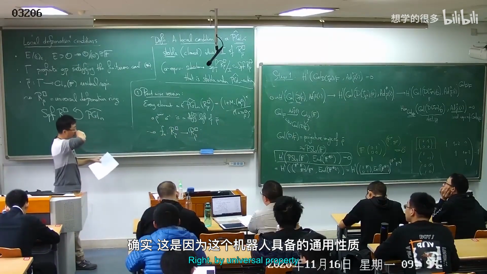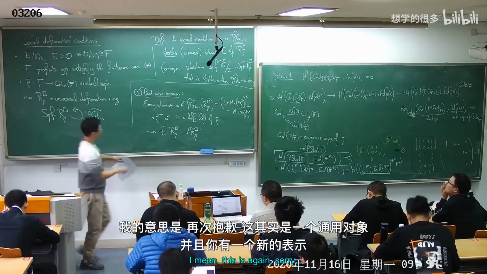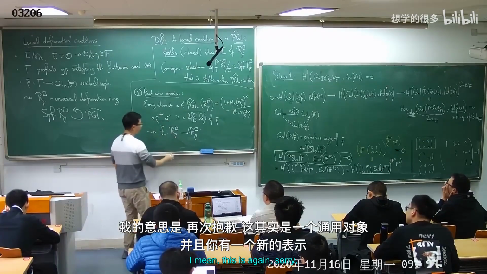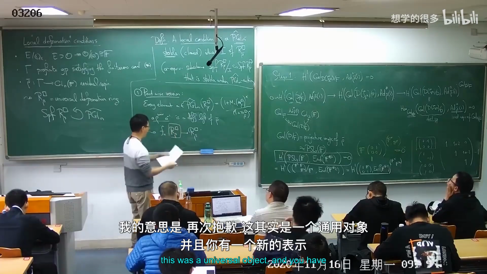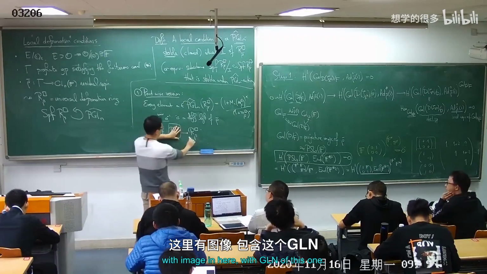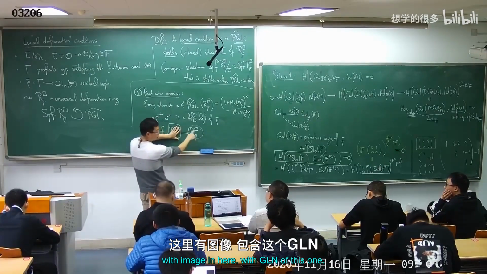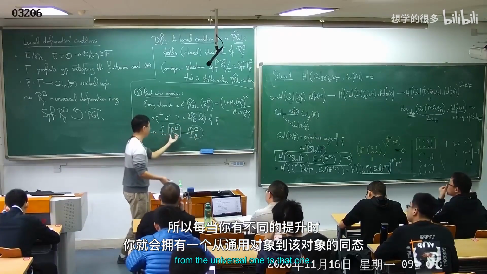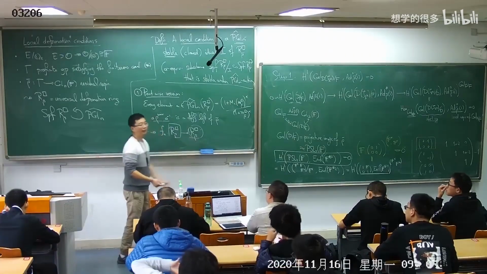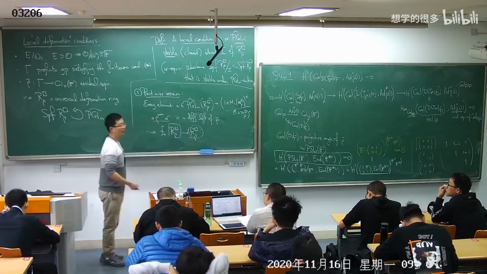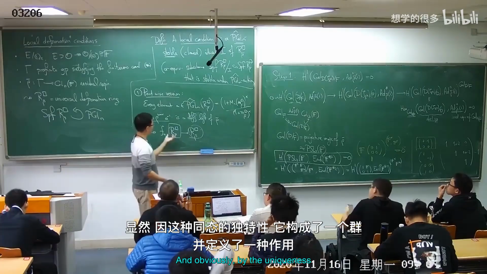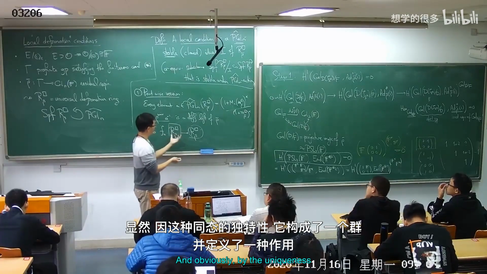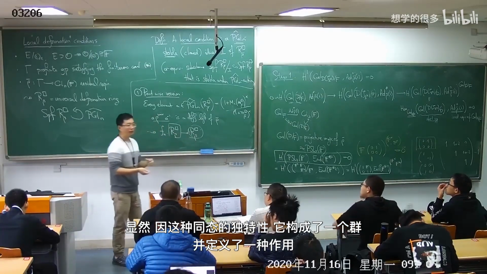By the universal property, this was a universal object, and you have a new representation with image in GL_N of this ring. So whenever you have a different lift, you have a homomorphism from the universal one to that one. So that's the action. And obviously, by the uniqueness of such a homomorphism, this is a group.